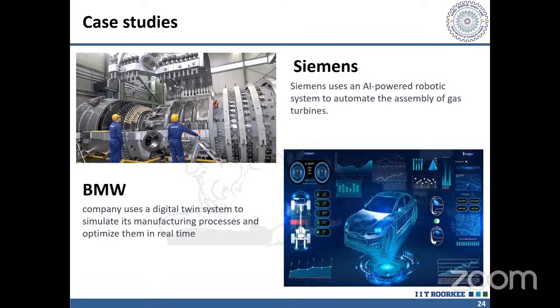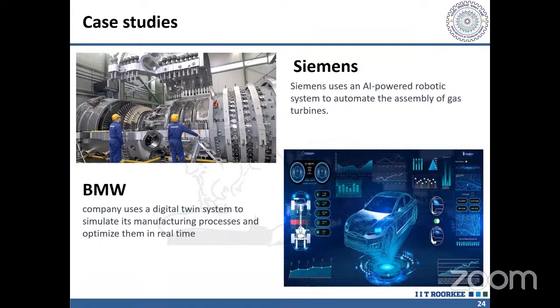BMW also implemented Industry 5.0 in its manufacturing process. They used IoT sensors and AI algorithms to create a virtual replica of the manufacturing process. This allows BMW to identify potential issues and optimize the process before they occur, and also results in increased efficiency and reduced cost.